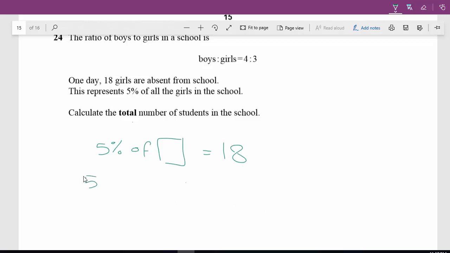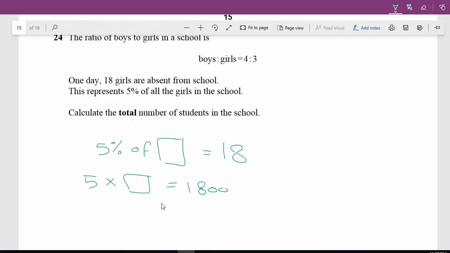Or 5 times which number is equal to 1,800? Why 1,800? Because there is no percentage anymore. Of means multiplication. There is no percentage sign. This one gains 2 zeros.